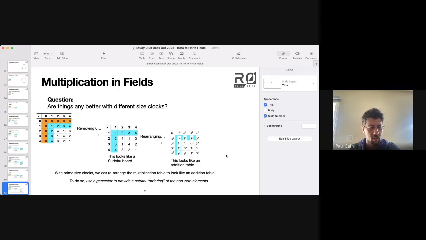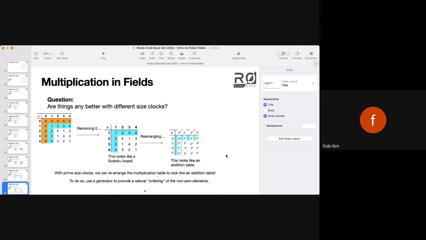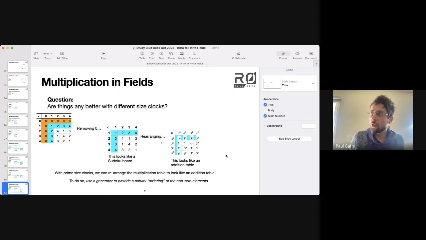Is it that the generator has to be a prime number? It's a great question. And given a particular field, the question of how to find the generator is something I'm not going to dive into. There will be a generator in any given field. There will be several generators in any given field.